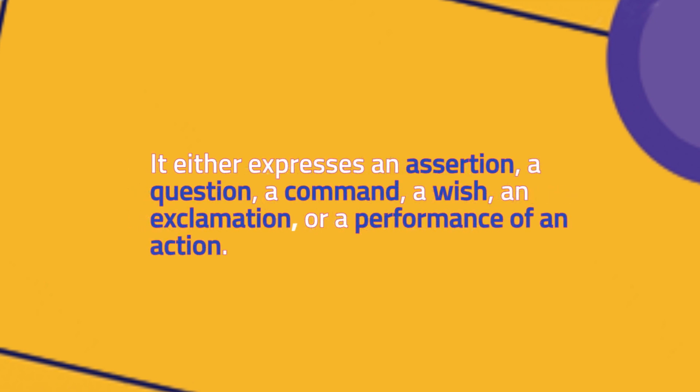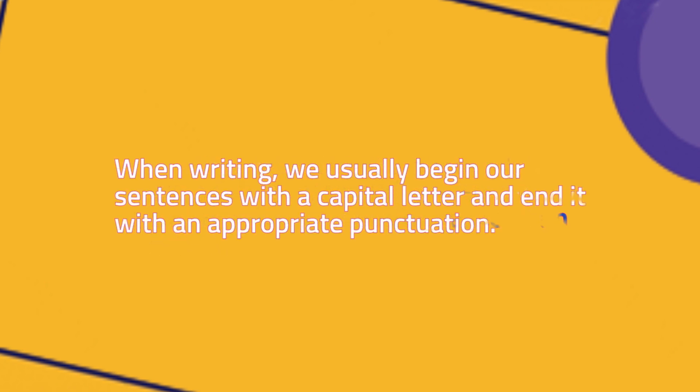It either expresses an assertion, a question, a command, a wish, an exclamation, or a performance of an action. When writing, we usually begin our sentences with a capital letter and end it with an appropriate punctuation.